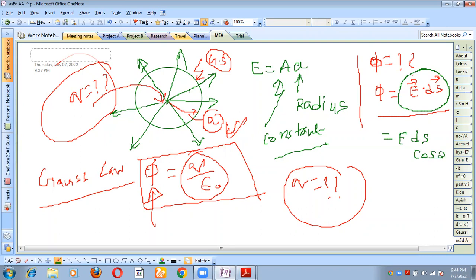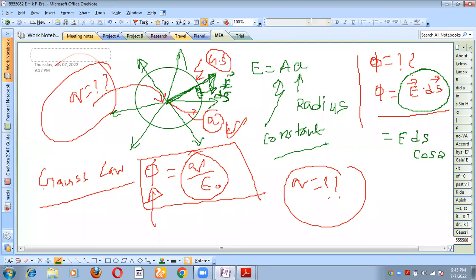So if you see here, the electric field is radially out. And what is the direction of ds? ds is also on a spherical surface, a small portion, and to find the total flux we integrate it. So ds is directed away from the sphere, right? And if the surface is a spherical one, the direction of ds should also be radially outward.